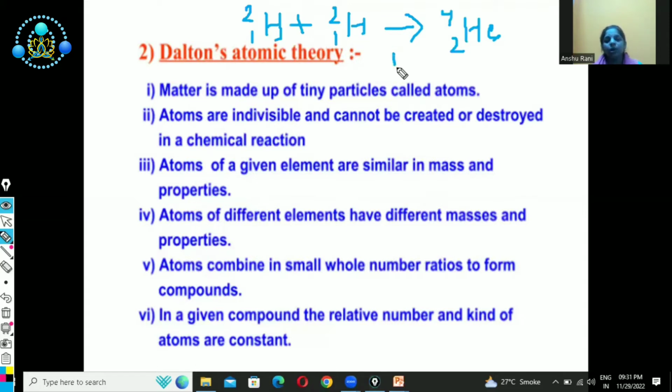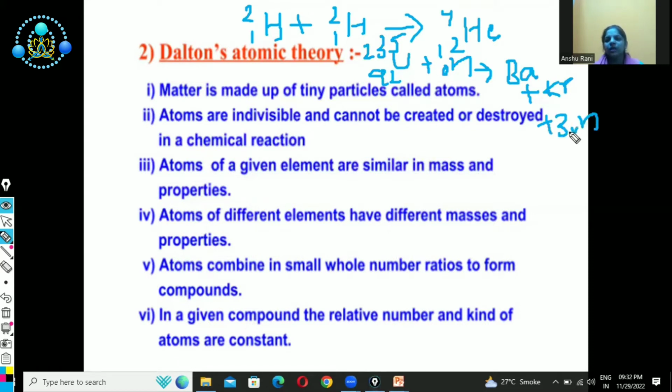If you are taking uranium, you have uranium 92 235. When it is bombarded with a neutron, it gives you barium, krypton, and 3 neutrons.